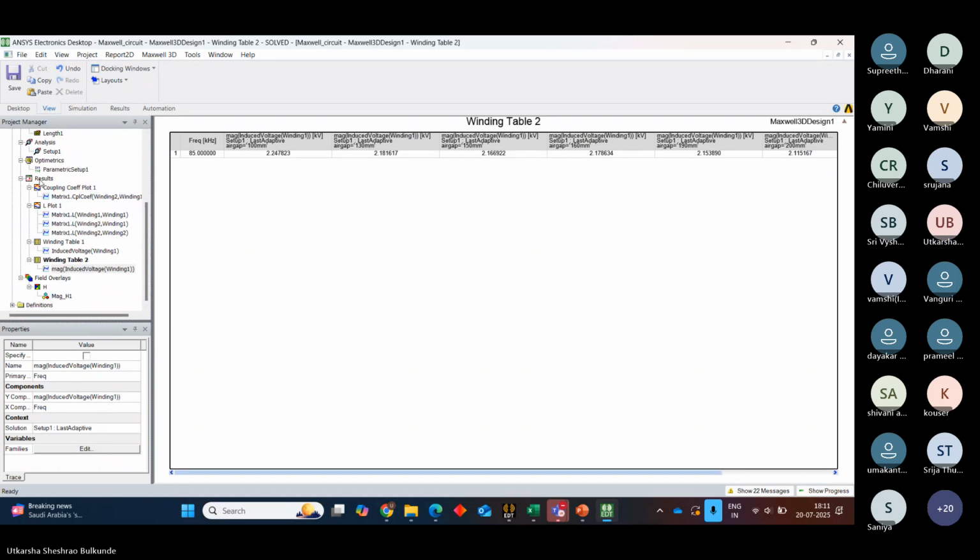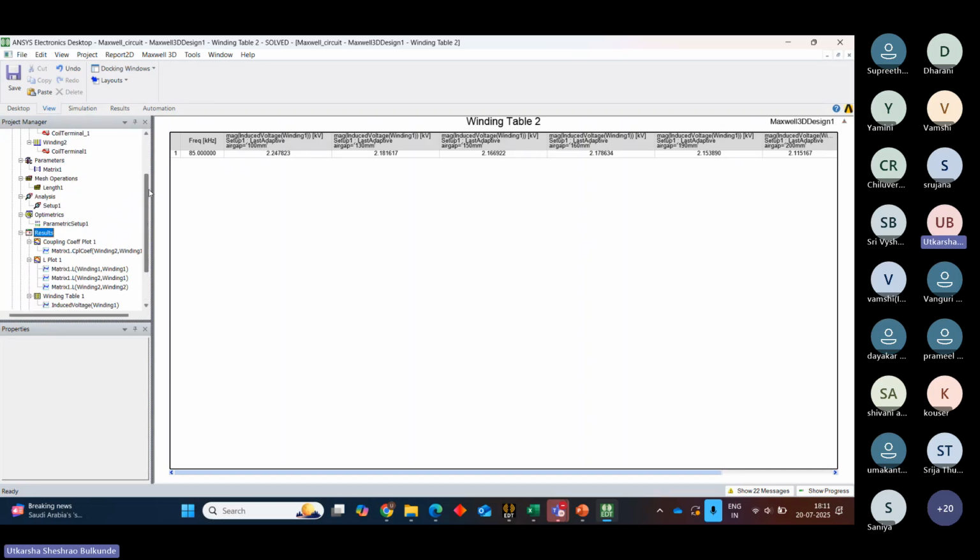But here we cannot observe our output voltage, right? We know voltage across the coil. We know our mutual inductance. We know our self inductance. We know the coupling coefficient also. But what if I want to see the variation of my output voltage?